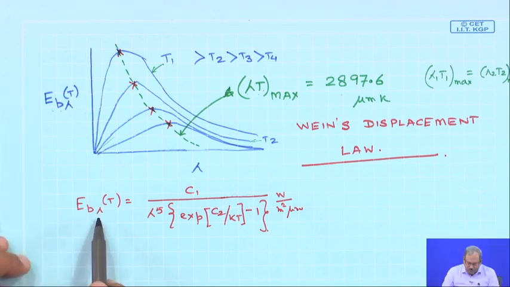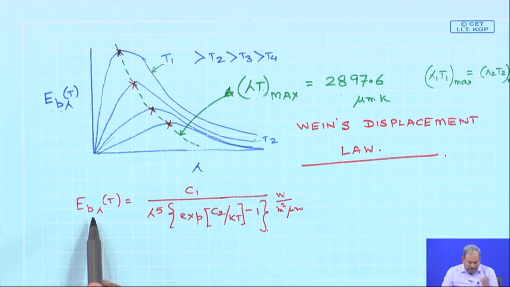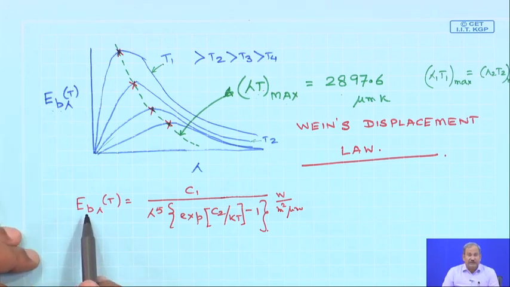But we probably are more interested in finding out the total energy emitted by the black body over all possible wavelengths. Mathematically speaking, I would like to know the total energy emitted by the black body over a wavelength range of 0 to infinity. So, the spectral black body radiation must be integrated over all possible values of wavelength.